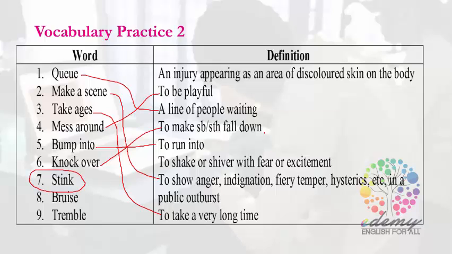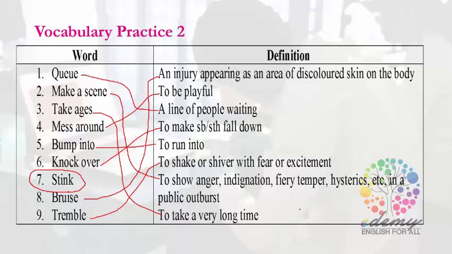I'm sorry, I forgot to put the answer in, so there is no definition here. Stink means something with a bad smell. Next, bruise: it's here, an injury appearing as an area of discolored skin. And last, tremble is to shake, when we shake from fear or too much excitement.